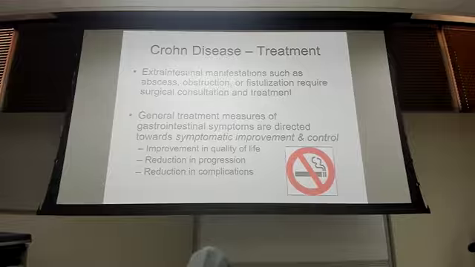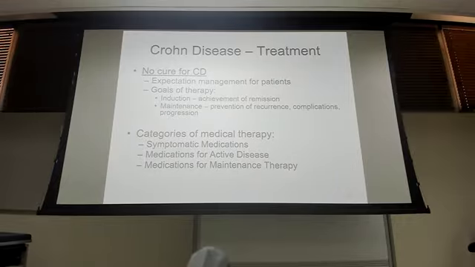And obviously lifestyle changes, thus the big no smoking. So there's no cure, so it's important to discuss with your patient. There's no lifelong cure. So expectation management is to try to achieve remission through induction and then prevent recurrence or complications through maintenance.